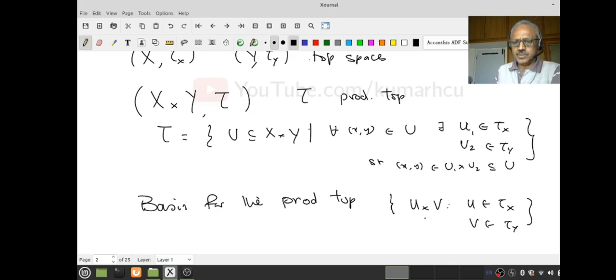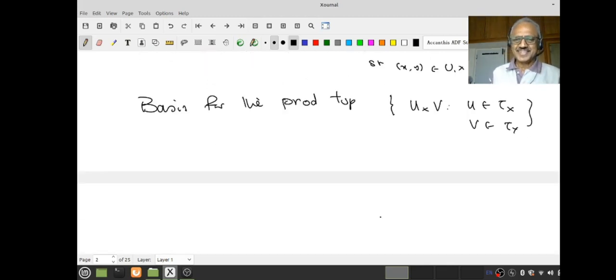I already changed the notation. U is not a subset of X cross Y, U is a subset of X. You will see this kind of jumping. One of the most important properties of the product topology is the so-called projection maps. What are they?